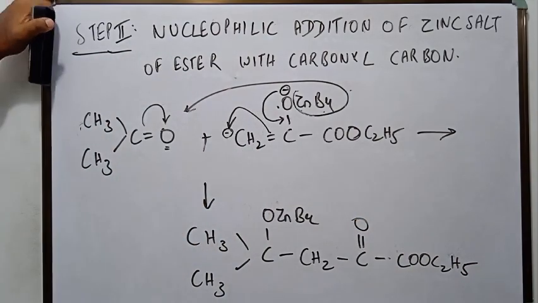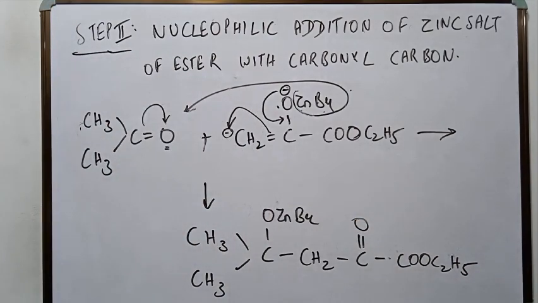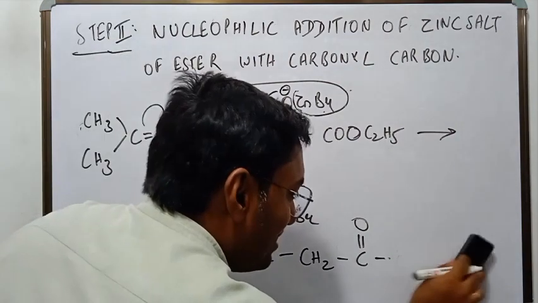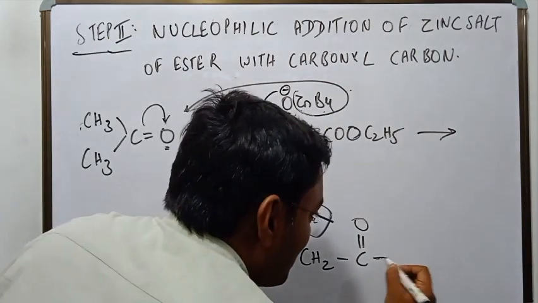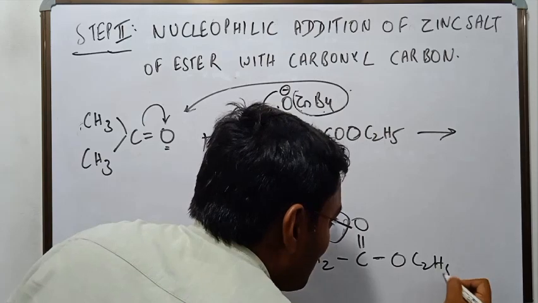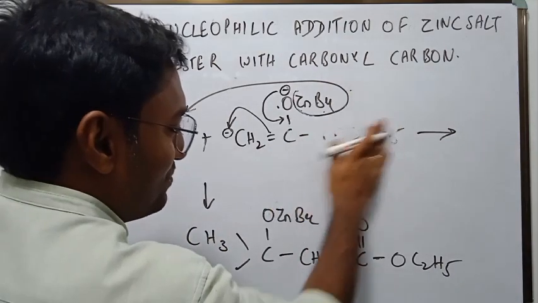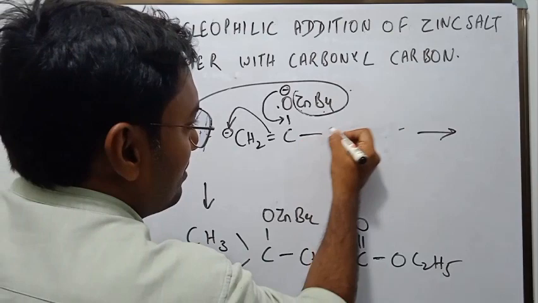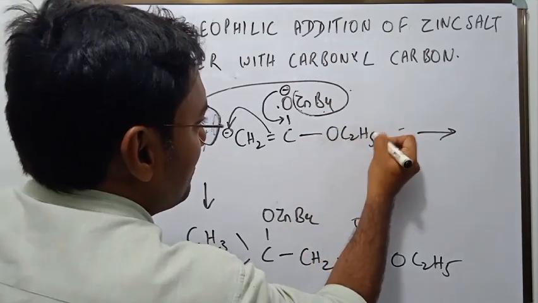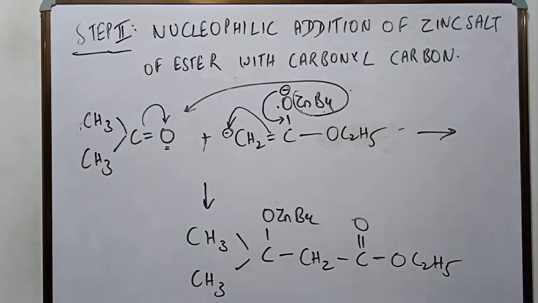Correct? Both are the same. Sorry, pardon me. This is OC2H5. Both are the same, right? Yes, both are the same only. This is also OC2H5. Correct. Both are the same products only.